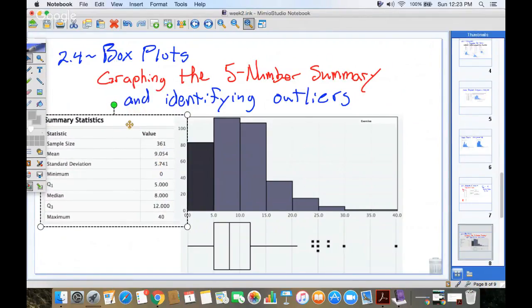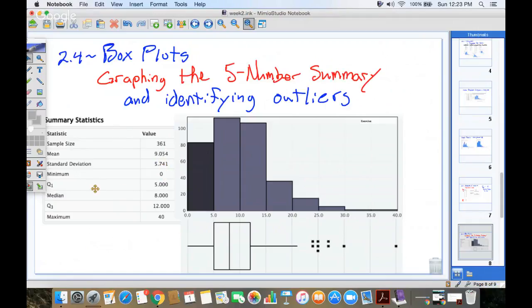Here I took my data from Google Sheets and put it in StatKey. I'll show you that in a sec. And then StatKey automatically reports back to me how many numbers are in the list, what's the average value, what's the standard deviation. We'll talk about those next week.